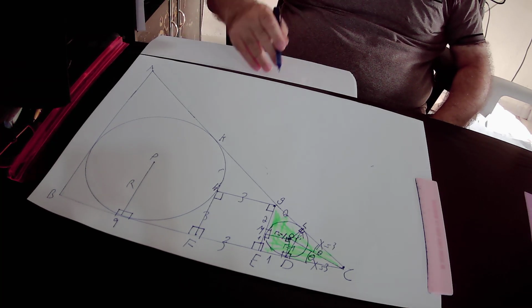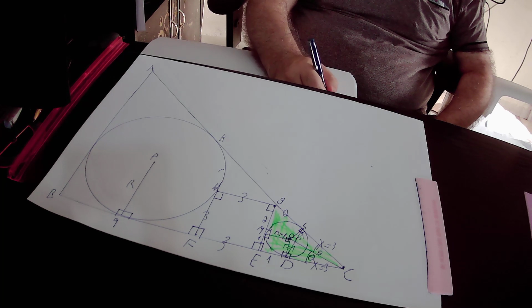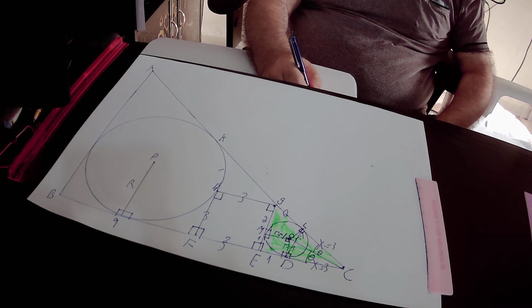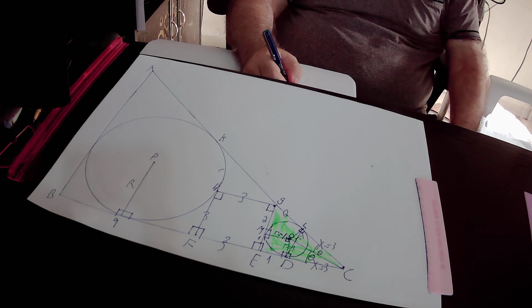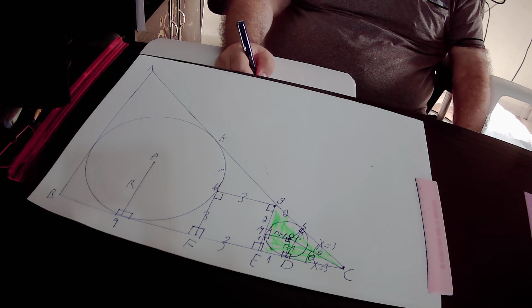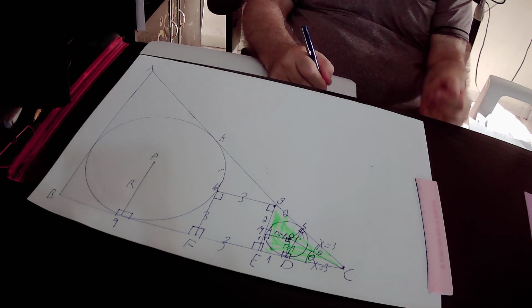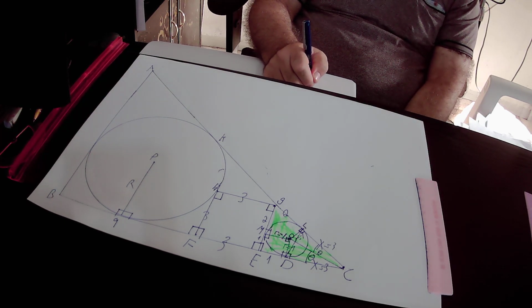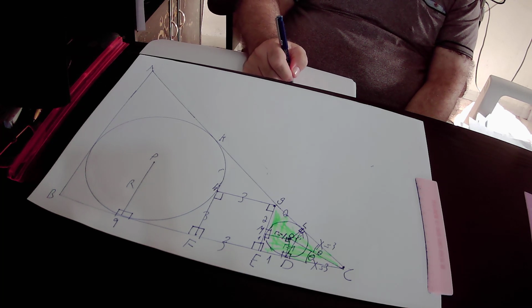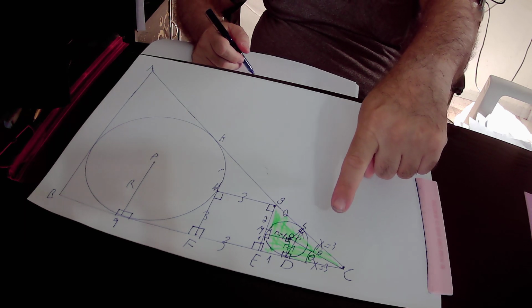We found out that CO is the angle bisector of angle C. So you can see CO bisects angle C into two halves, each half equals theta.